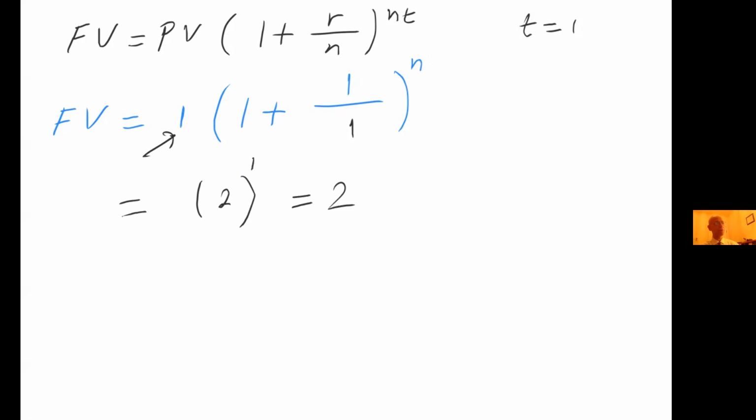Now let's say that you somehow could find another institution where the compounding was twice a year. So let me make a nice table. When n equals 1, you have 1 plus 1 over n to the power of 1, and that gives you 2.